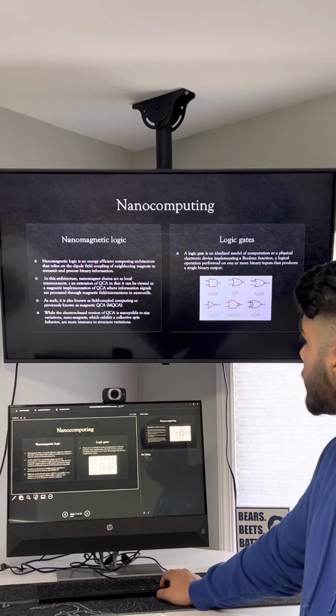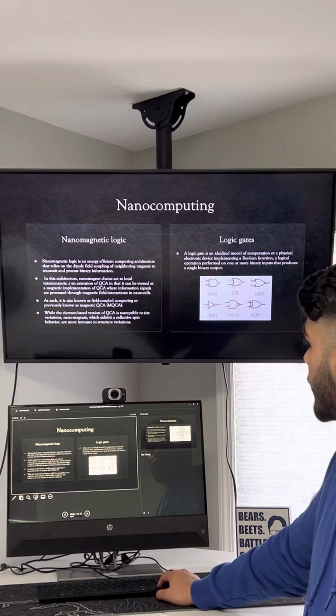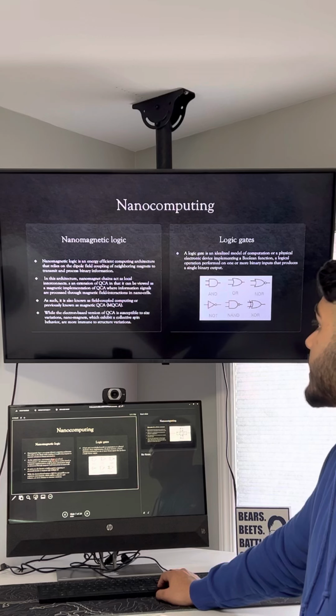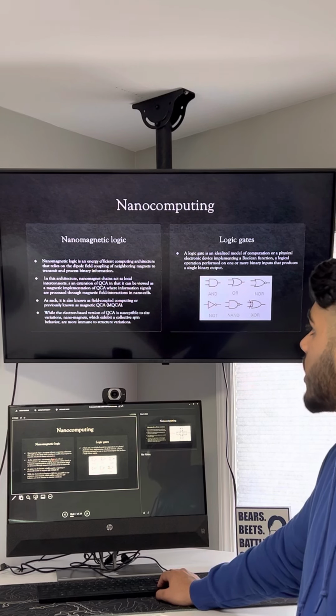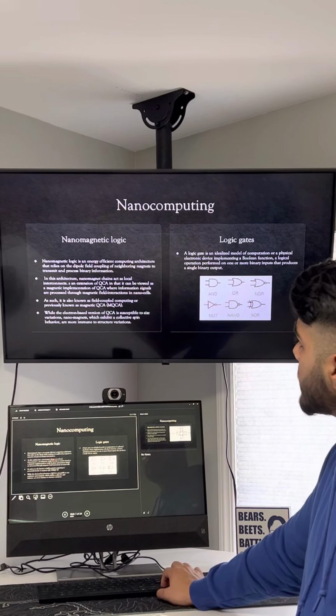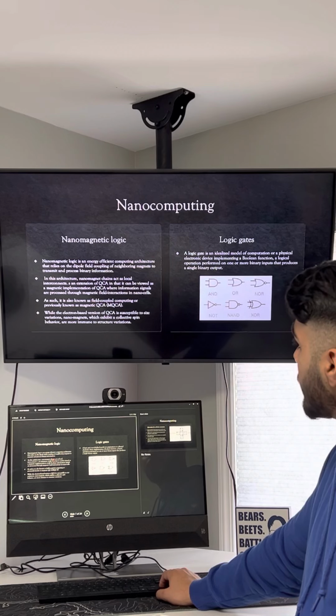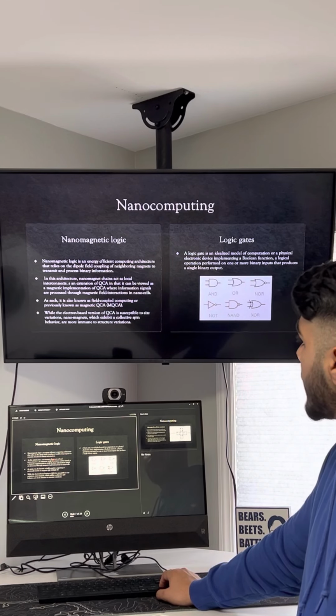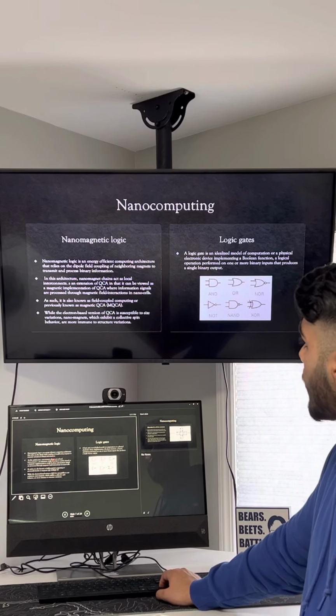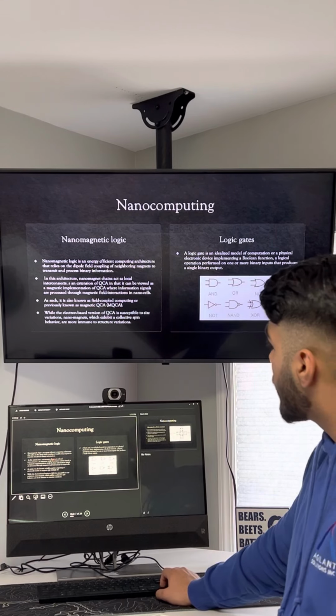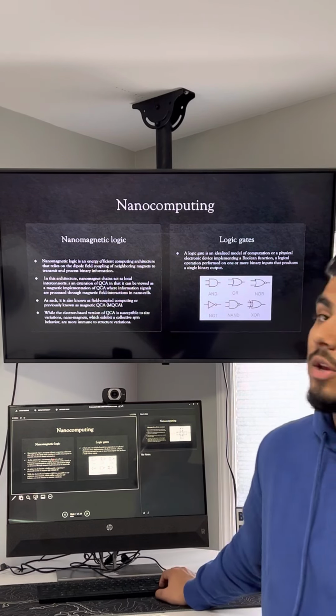As such, it is also known as field-coupled computing, or previously known as magnetic QCA, while an electronic-based version of QCA is susceptible to size variation. Nanomagnetics, which exhibit a collective spin behavior, are more immune to structure variations.